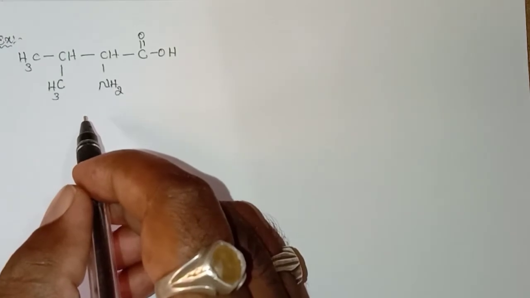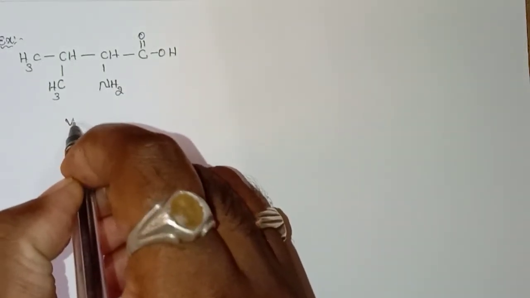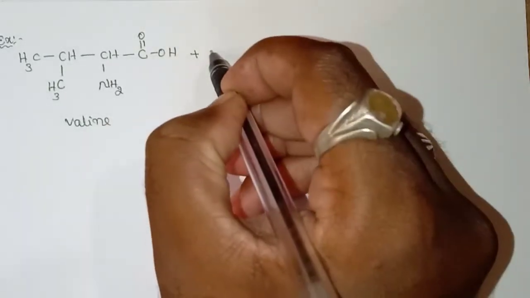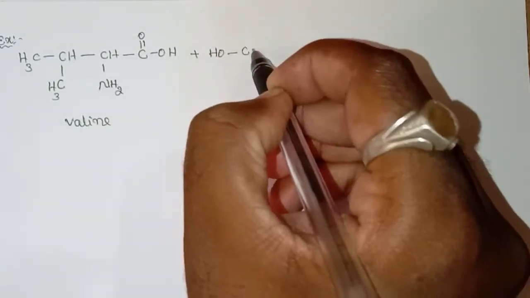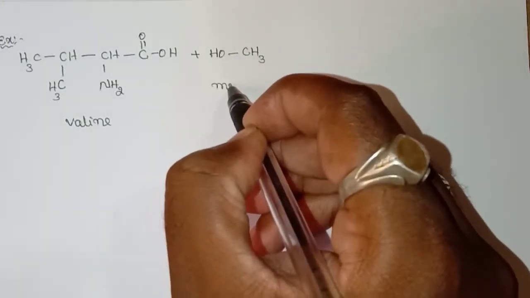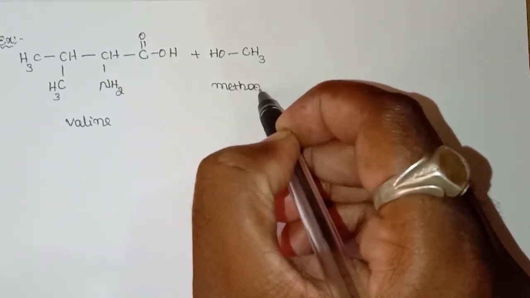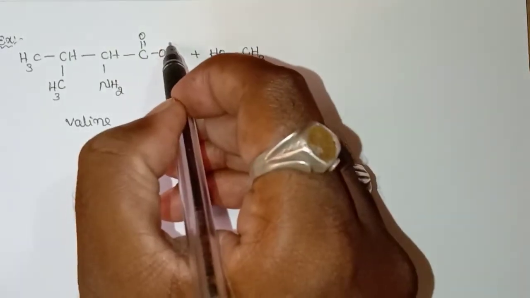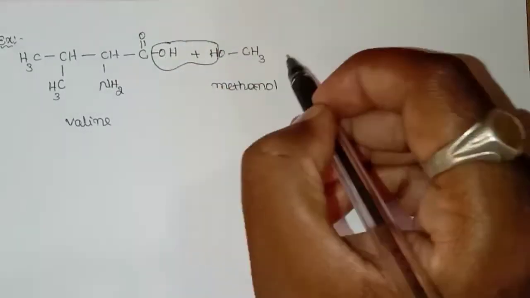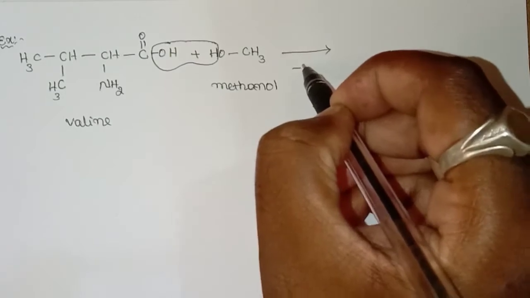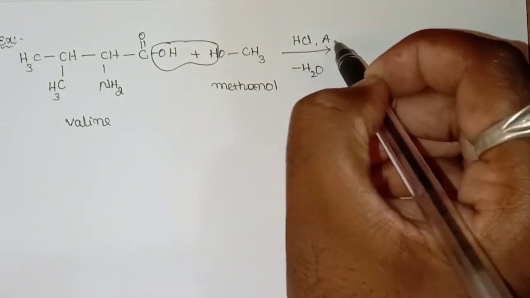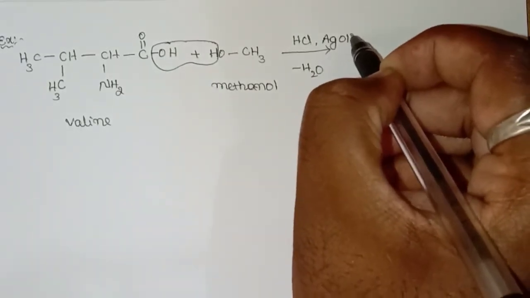To illustrate the esterification reaction, here we have considered valine as an example, and let us react this with the simplest alcohol, that is methanol or methyl alcohol. When valine is reacted with methanol, as I said, the OH content will pick this H, and that results in the elimination of H2O in presence of HCl as well as in presence of AgOH.